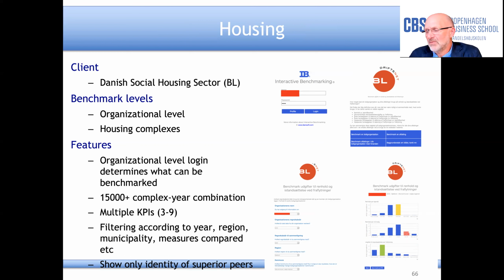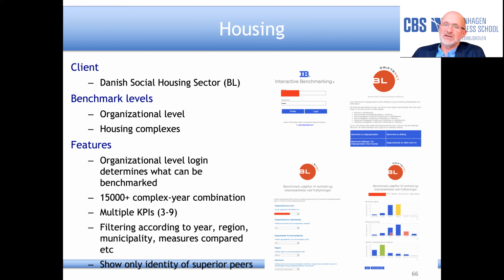There you see I'm in the colored bar, the non-blue bar, and I have a relatively high cleaning cost. So there are many housing complexes that have lower cleaning costs, namely those down here. And we've made it possible to look at the identity of those. You can press one of these bars, and then you can see which housing complexes these are, so that you can learn from them.